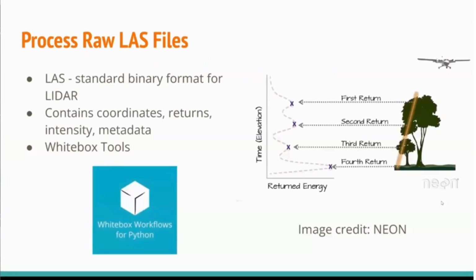There's a number of ways to process LiDAR data using Python, and we settled on using something called Whitebox Tools, which is an open source geospatial toolbox. We care primarily about the first return of the LiDAR, which would reflect the height of the canopy, and the ground return of the LiDAR, which would reflect the bare earth elevation.